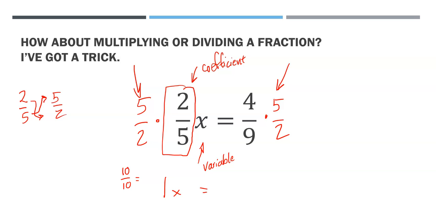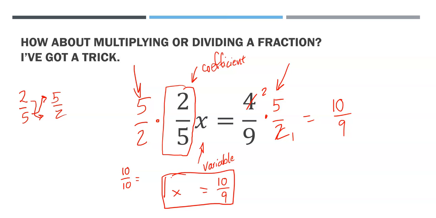And so to solve my problem, I'm going to multiply straight across. First, I like to check and see if I can reduce. I can reduce the 4 and the 2 here, divide by 2. Get 1 and 2. Now 2 times 5 is 10, and 9 times 1 is 9. And my answer, x, is 10/9.